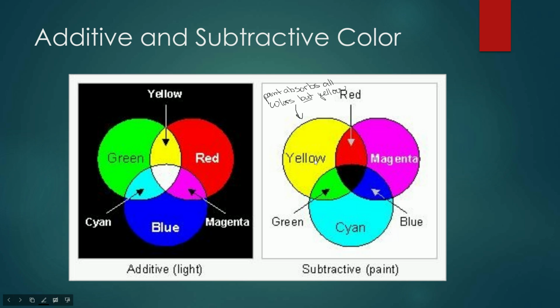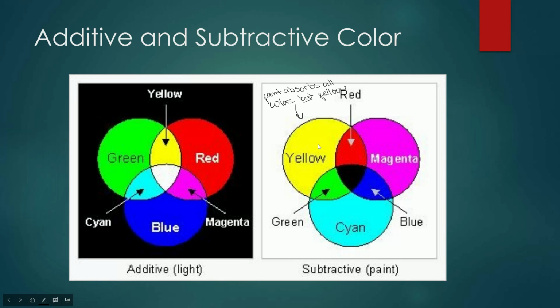You can kind of see that here. So yellow and blue are on opposite sides, cyan and red, magenta and green. These are called the secondary pigments. This is the light that gets absorbed by the primary pigment opposite that. So yellow absorbs blue, magenta absorbs green, cyan absorbs red.